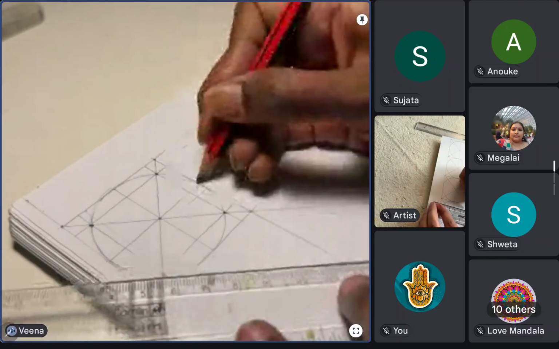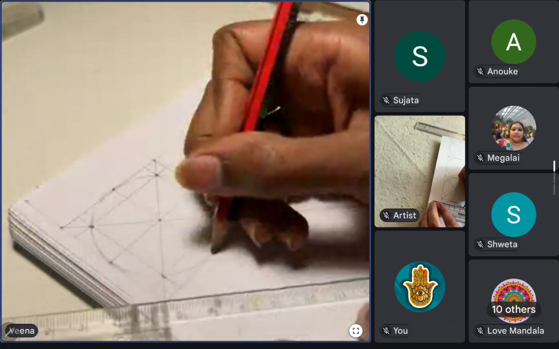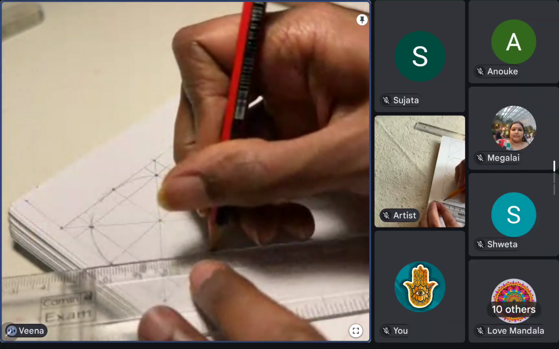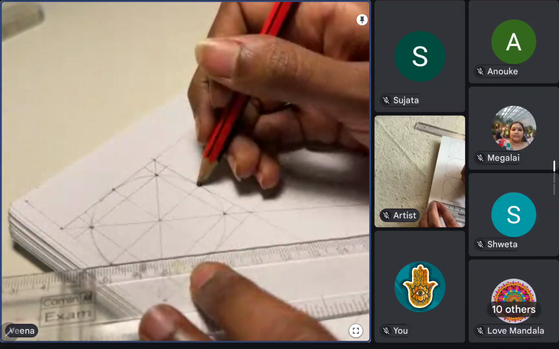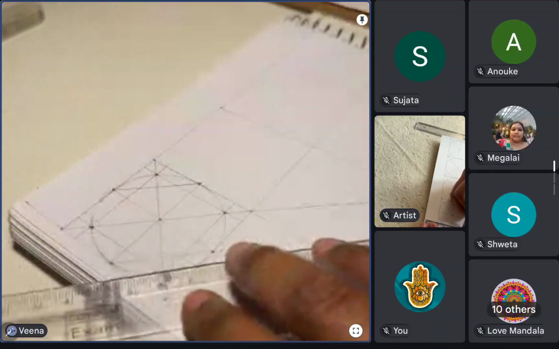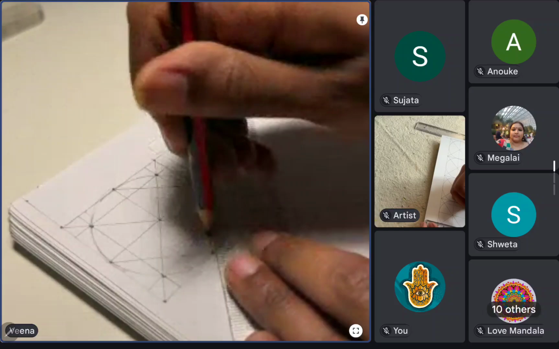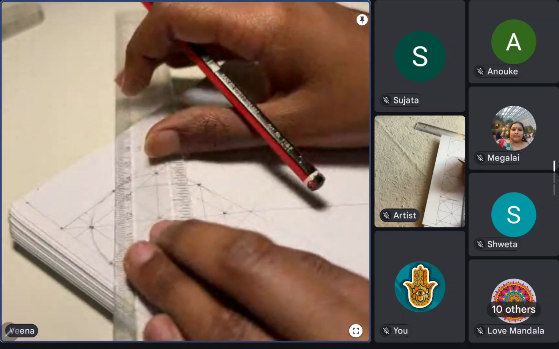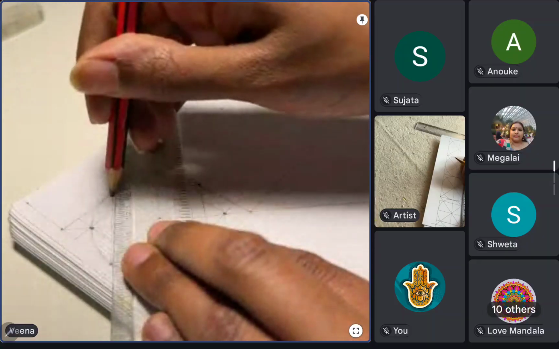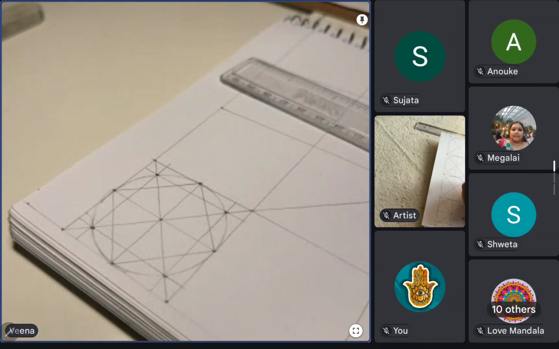And then the same process where we mark these points. And then, so we'll take our pen.